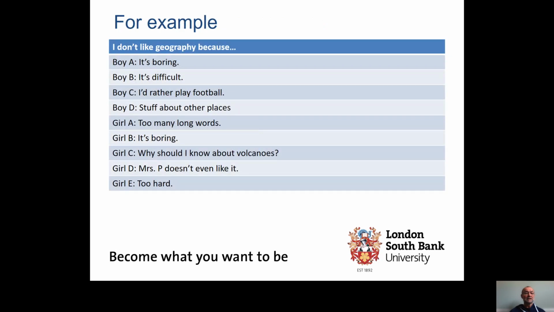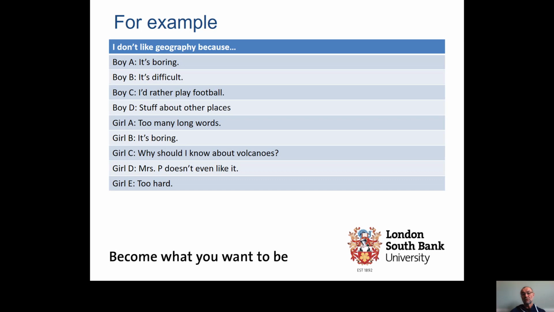So let's say I did a series of interviews or surveys with pupils to try and find out about attitudes towards geography. Okay, so I've talked to this imaginary group of 9 pupils, 4 boys and 5 girls, and these pupils have all expressed negative feelings about geography, and they've given me some more information.